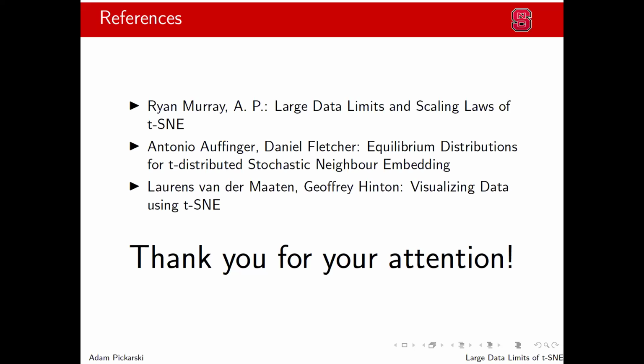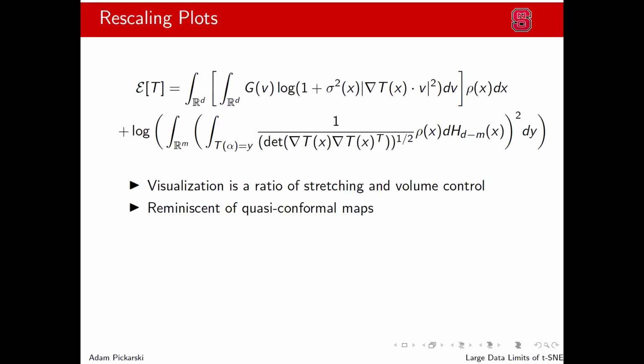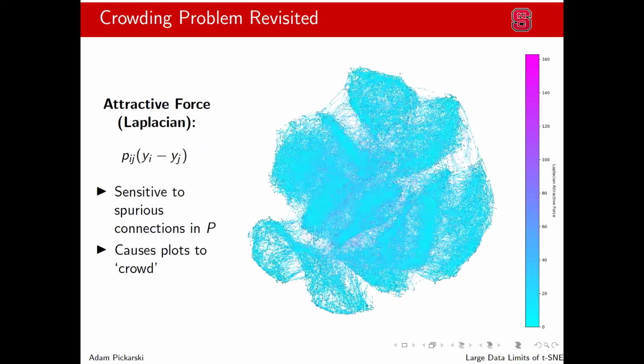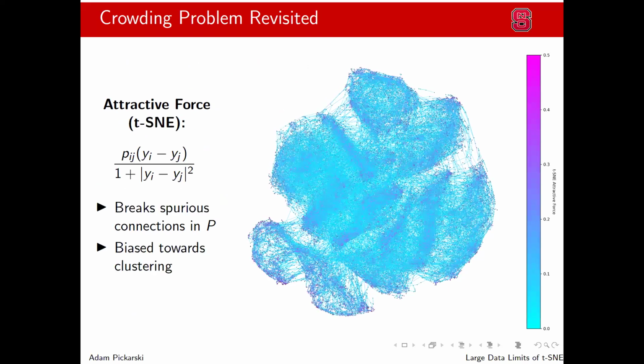And the way I would link back to this is that in doing early exaggeration, you're looking at this force diagram, and like we said, this gives us a decent initial point. But then they turn it off so that they can get to these attractive forces, which are capable of breaking ties.